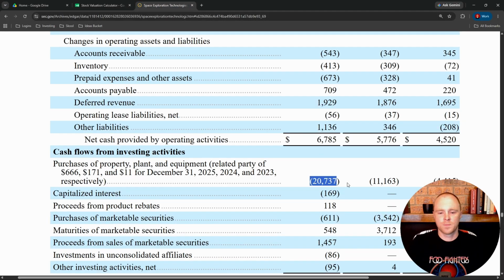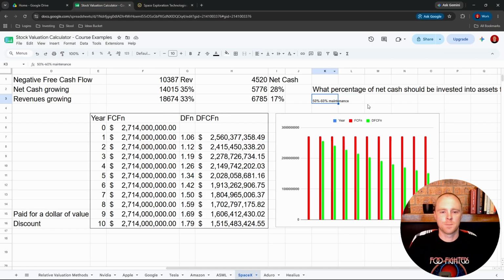Over time, the majority of this is going to be for growth, not just maintenance of the rockets, maintaining the facilities, keeping them up to date and looking after them. This is also just build out, buying equipment, buying the land, etc. So we need to think, what is our starting point going to be?